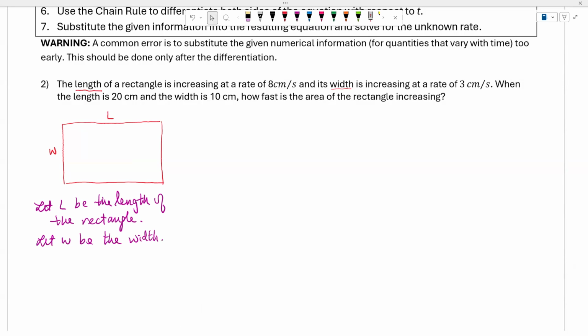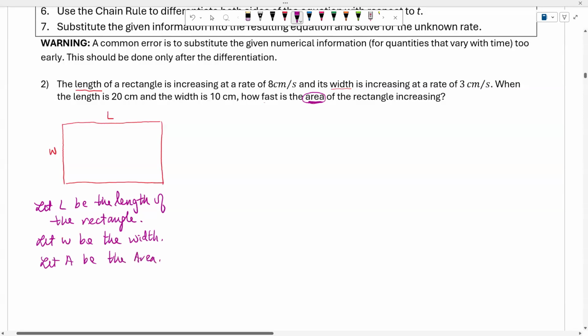And then let us look at the rest of the problem now. When the length is 20 cm and the width is 10 cm, how fast is the area of the rectangle increasing? Now we mentioned area, so maybe we could let A be the area.